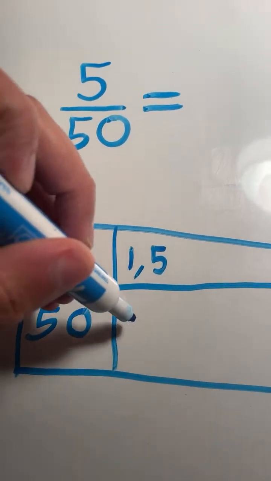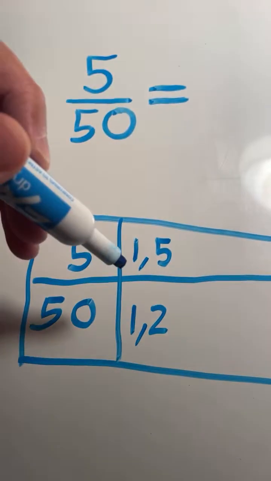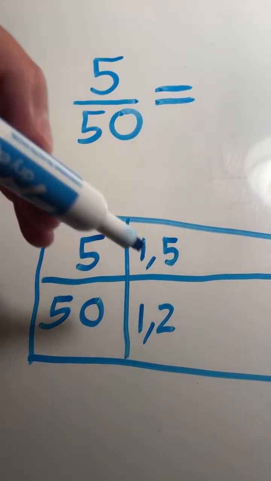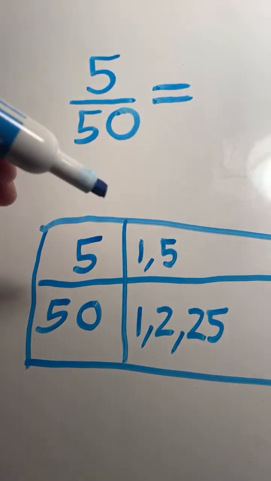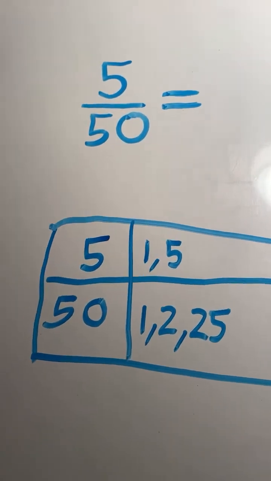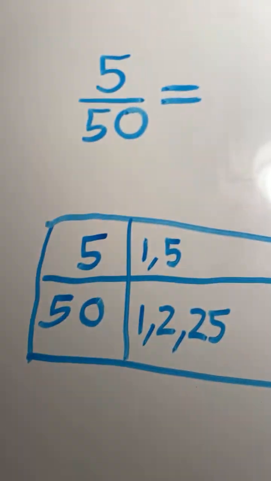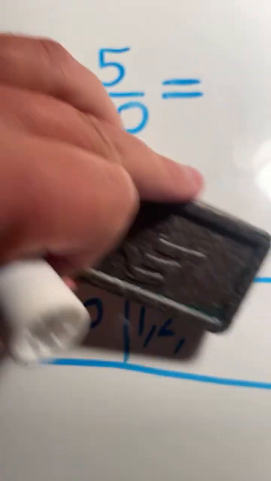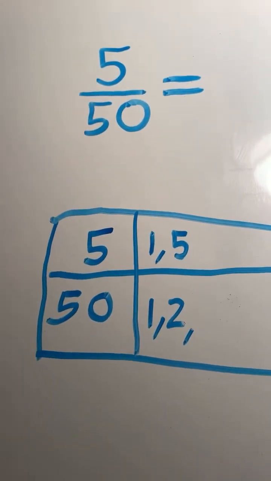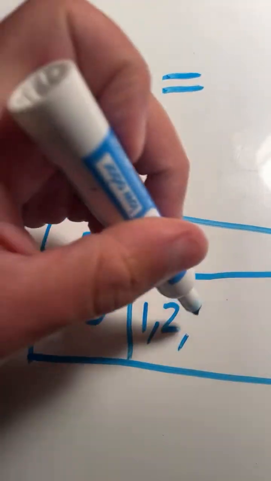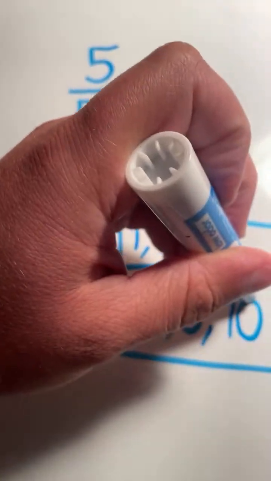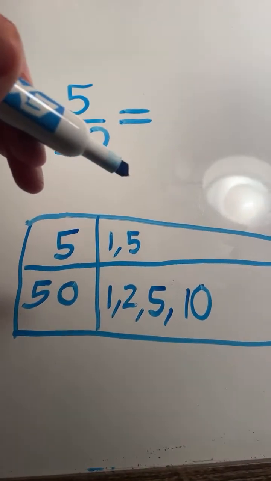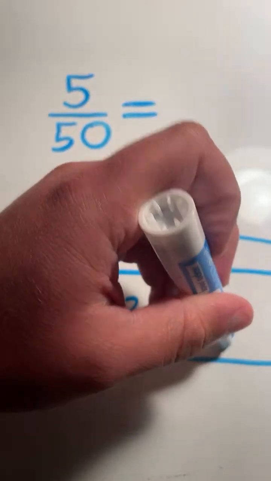Factors of 50, we have 1, we have 2, we have 25, actually, let me do them in order. 25 is a factor of 50, but let's do them in order. We have 1, we have 2, we have 5, we have 10, we have 25.